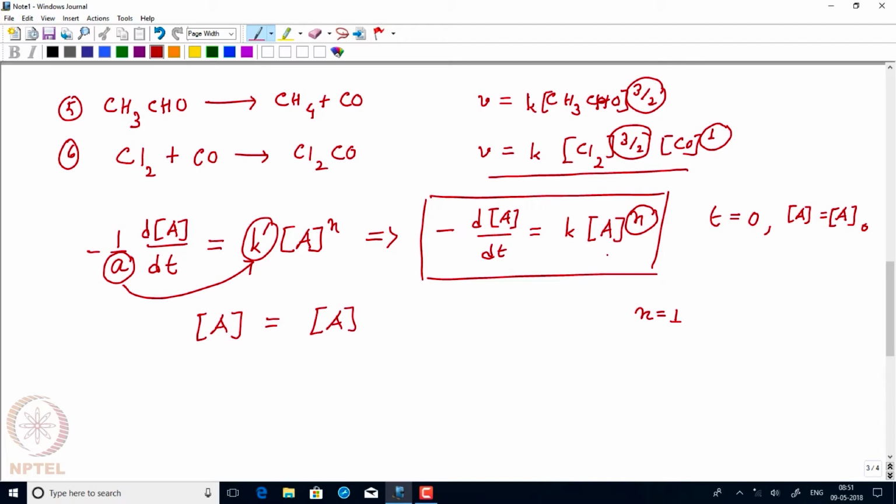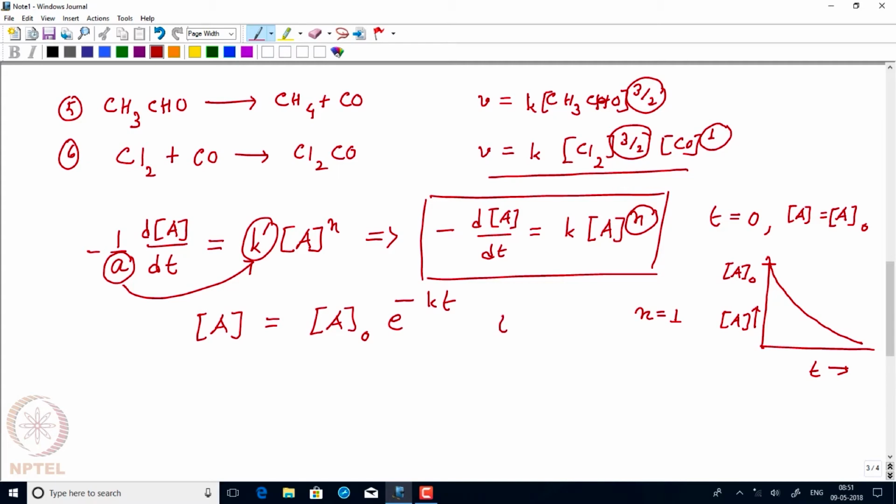Now if n is equal to 1, I can integrate this equation very readily and get a first order rate expression. If we plot the first order rate expression, it will be just an exponential decay with respect to time. So from an initial concentration of A0, at any time A decreases exponentially with respect to time.